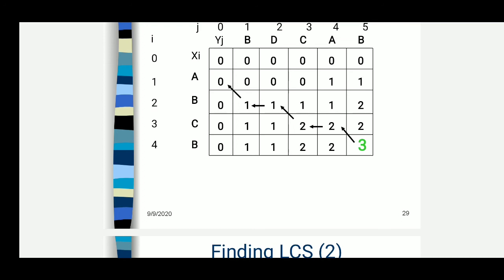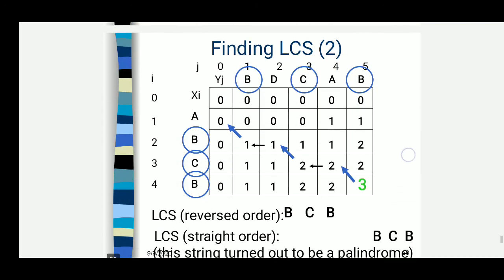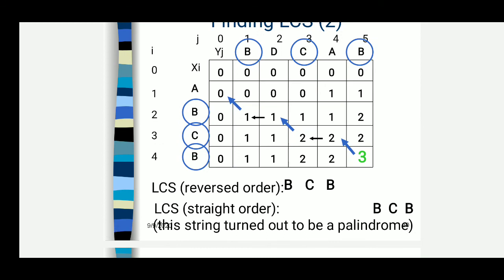So these are also similar values, B and B. So we encircle it also. So BCB, we find here that BCB is the solution of LCS, with the longest common subsequence length equal to 3.